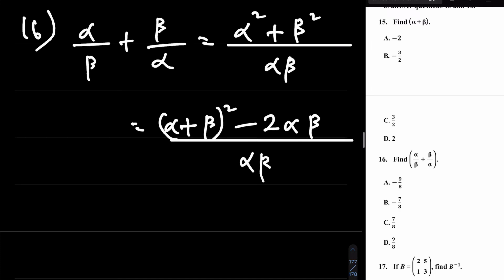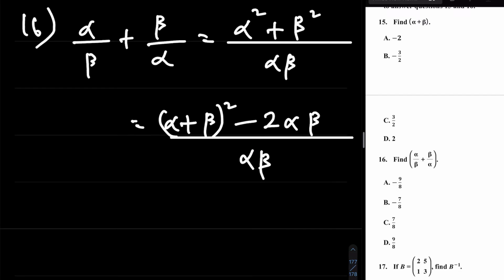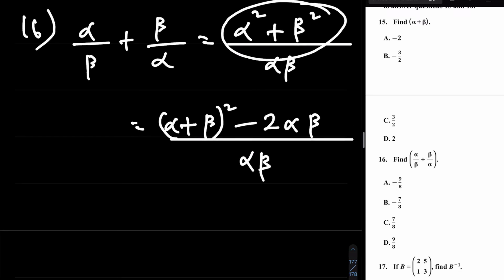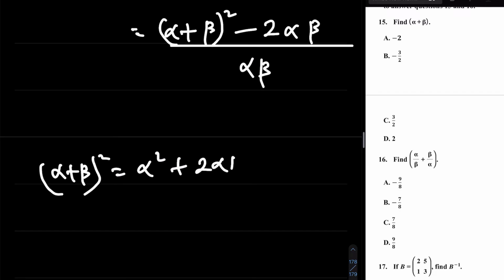Now, how did I get alpha plus beta all squared minus 2 alpha beta for alpha squared plus beta squared? If I square the sum of alpha and beta, we'll get alpha squared plus 2 alpha beta plus beta squared.